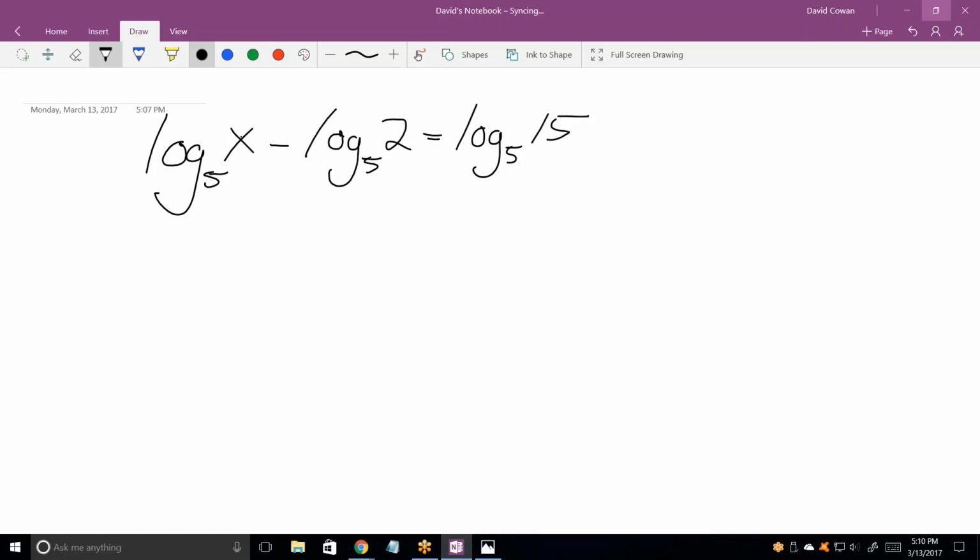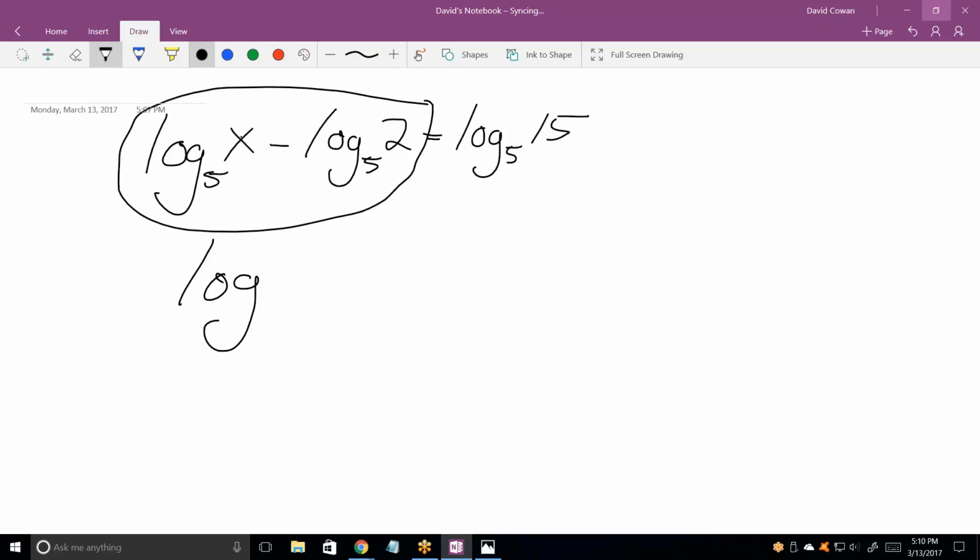In other words, if I can get the left side to be the log base 5 of some argument, then I can equate that argument to 15. How do I use the rules of logs to turn that into a single log expression?